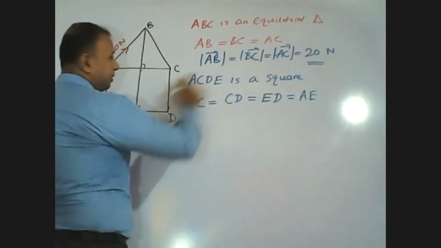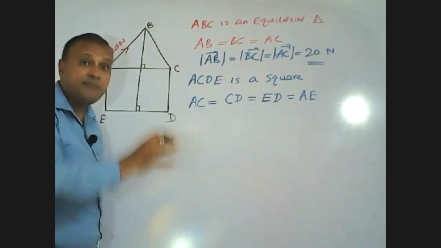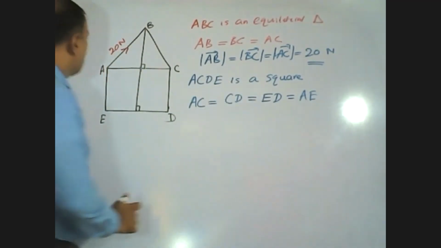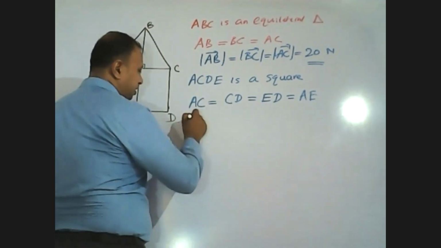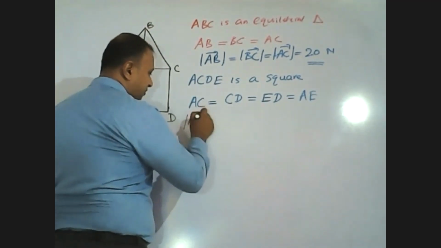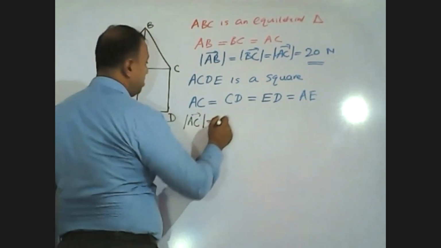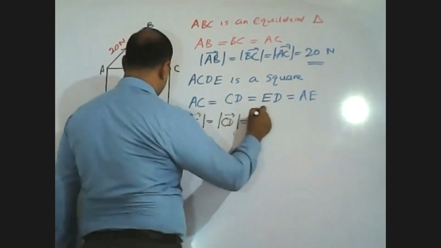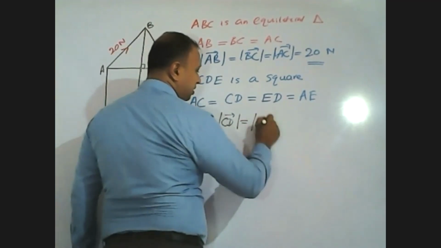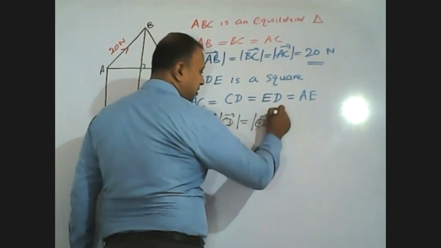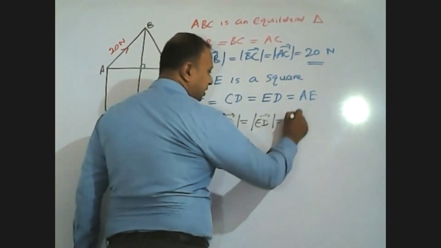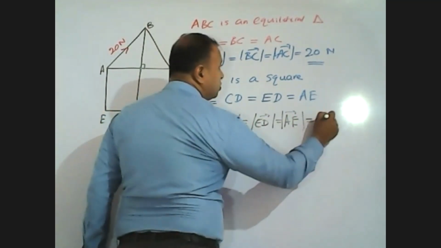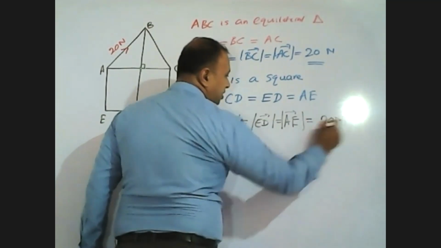That means the magnitude of each vector should be equal to 20. The magnitude of AC vector equals the magnitude of CD vector, ED vector, and AE vector. All are equal to 20 Newton.